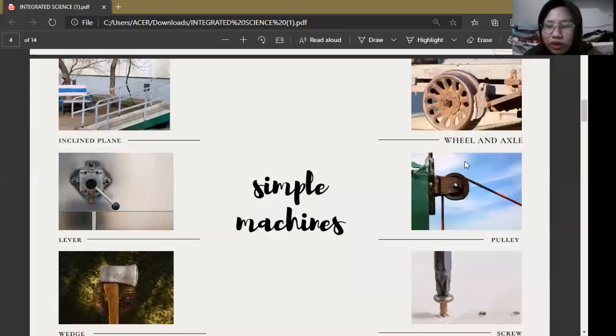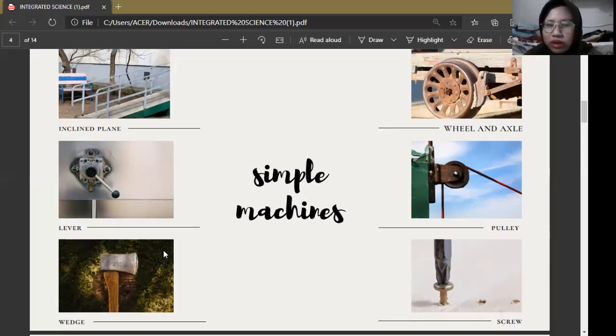And then next, we have the main forms of simple machines. The first one is the inclined plane. You can see my arrow pointing to the inclined plane, which in Indonesia we know as bidang miring. The next one is the lever, or in Indonesia, tuas. The next one is the wedge. This is the wedge.